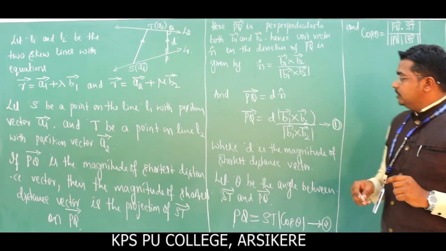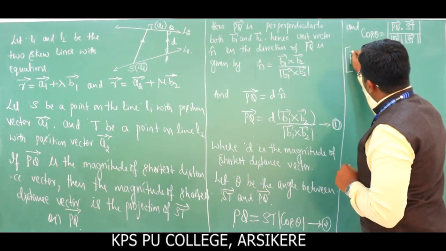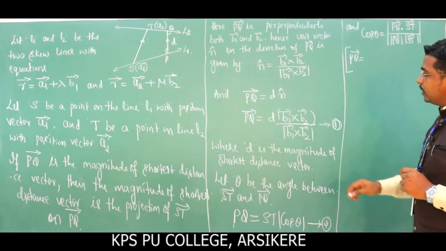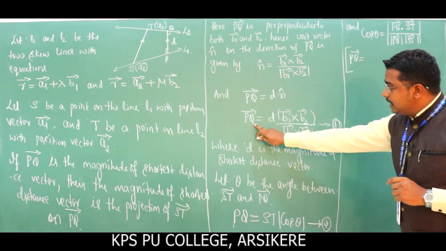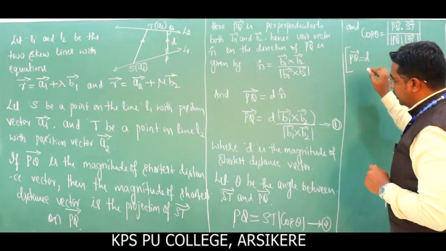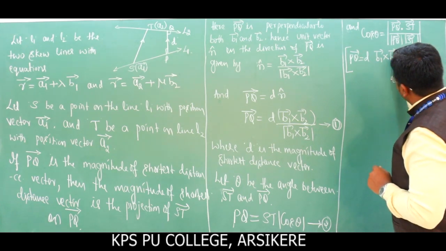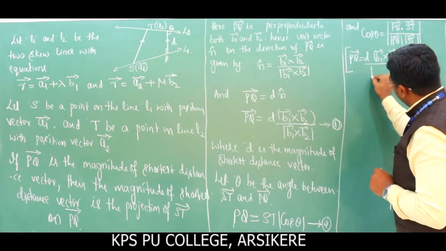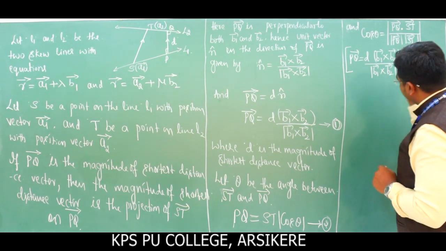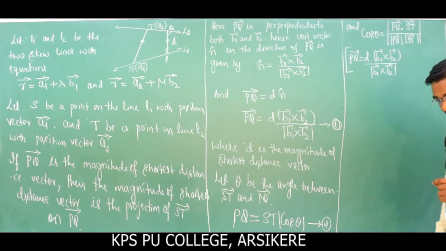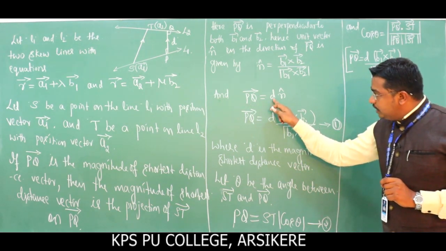Then just observe here. So what do we have for PQ? Vector PQ is D times n cap, and vector PQ is equal to D times vector B1 cross vector B2 whole divided by modulus of B1 cross B2. Understood? So PQ is equal to D into n cap.